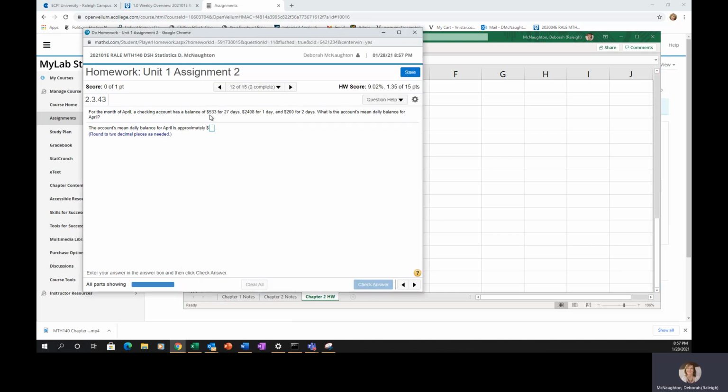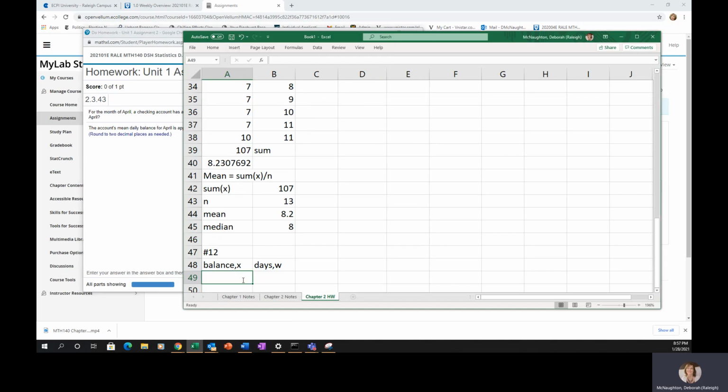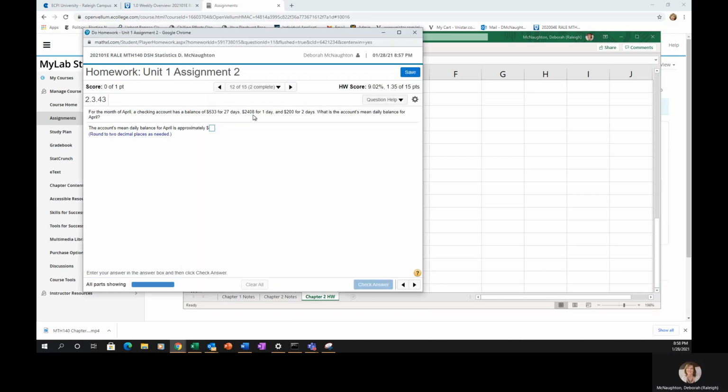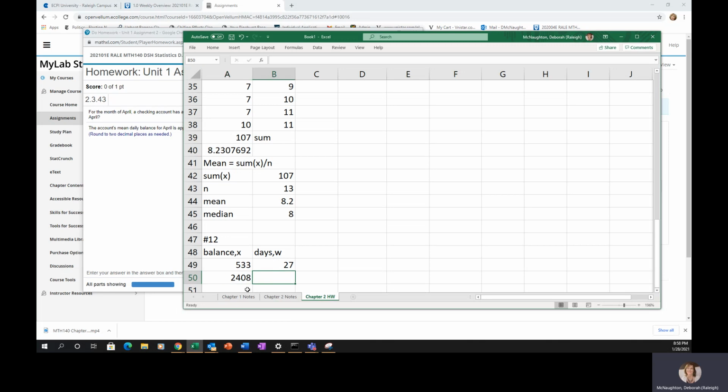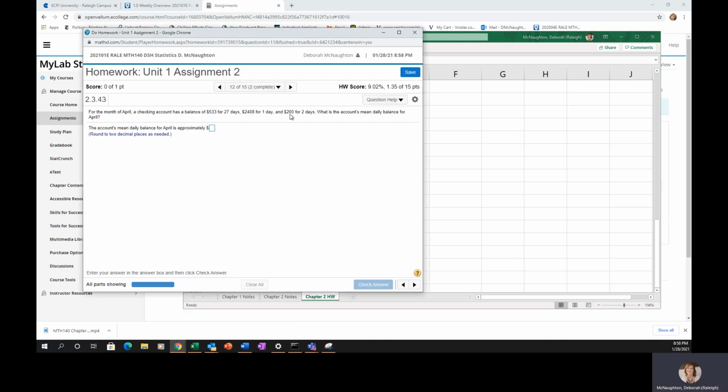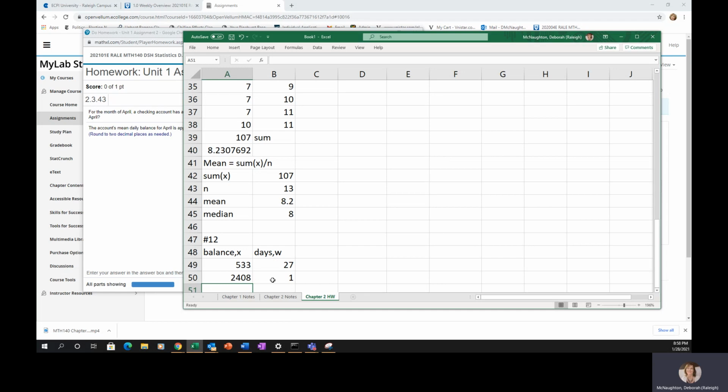So my X values are 533 for 27 days. And then I have 2408 for 1 day. And then I have 200 for 2 days.